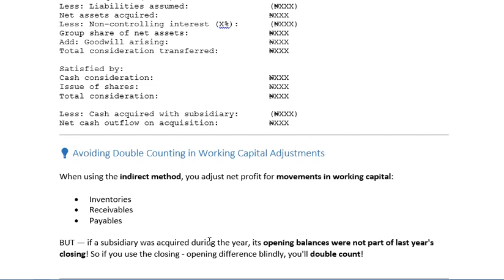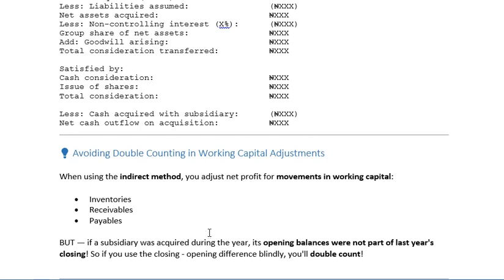Now, this working capital that we have, the movement of working capital in our current assets will have our inventory, we'll have our receivables. Current liabilities, you have your payables, all your accruals, your prepayments, all of them are there.